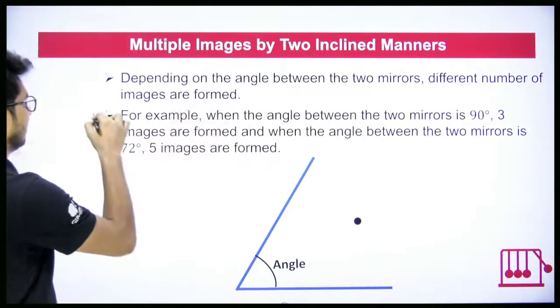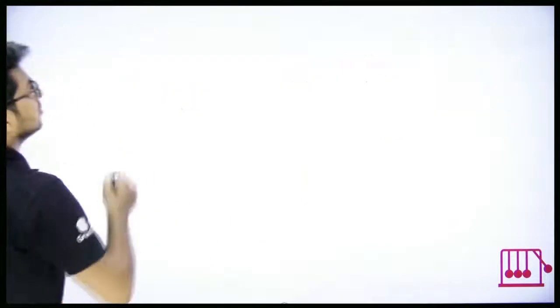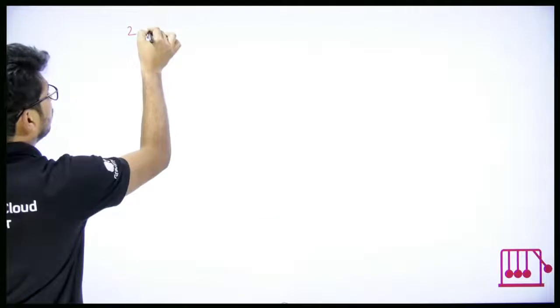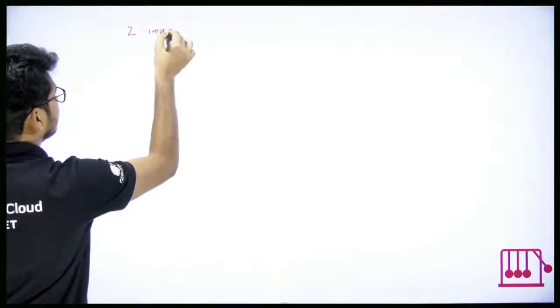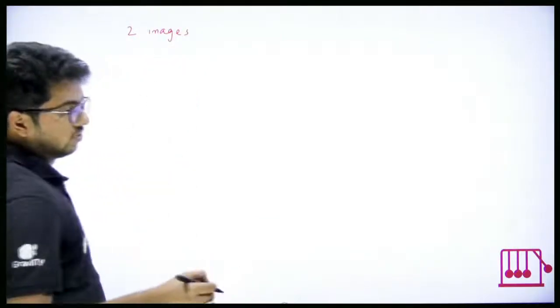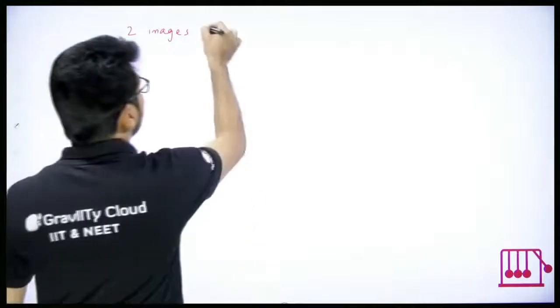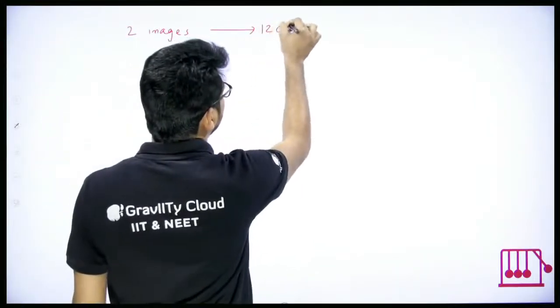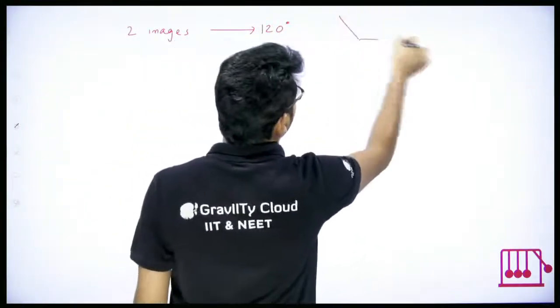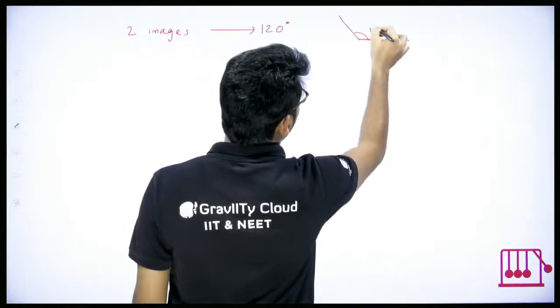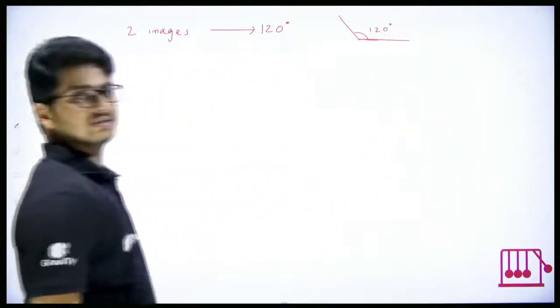Okay. This example I'll explain is just to give you an idea. For 2 images, the angle should be 120 degrees. So the mirrors should be placed something like this. Then the angle between them will be 120 degrees.